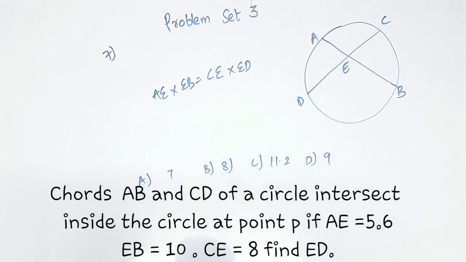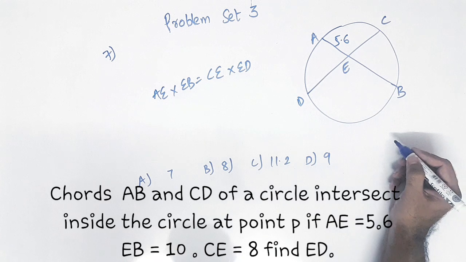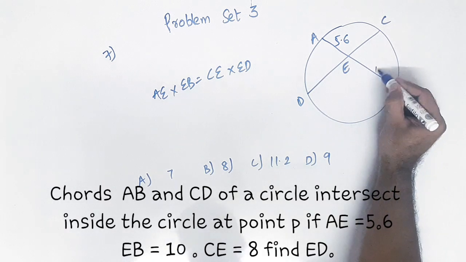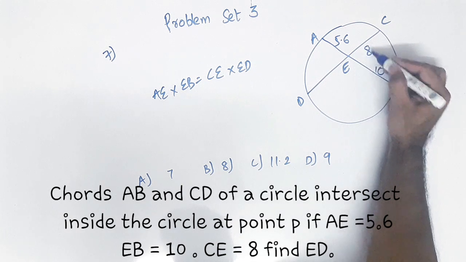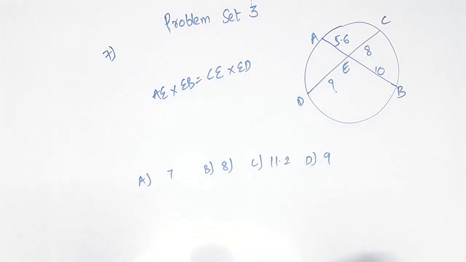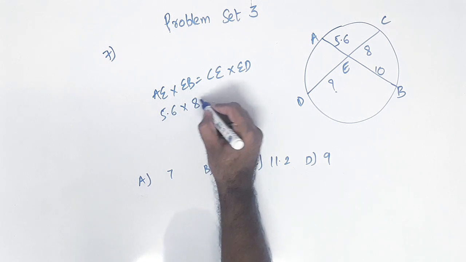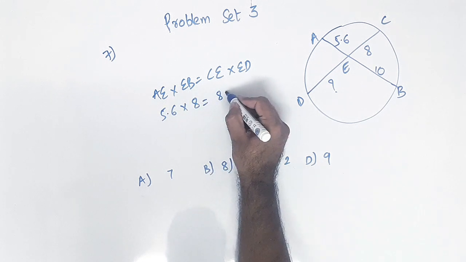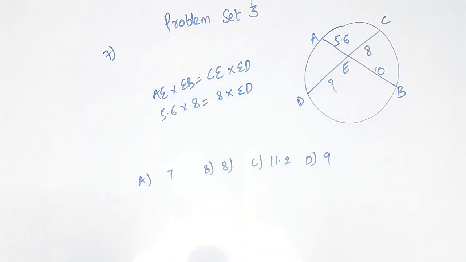Yes or no? This is the property of intersecting chords. Now, measures are given. AE is 5.6, then EB is 10, CE is 8, and you have to find ED. Very simple, I'll substitute this: 5.6 into 8 is equal to 8 into ED. Okay, I'll just correct this.